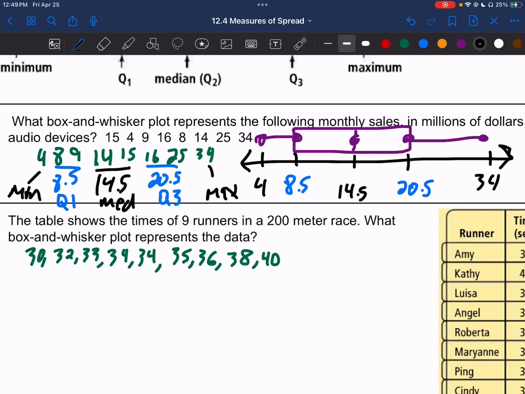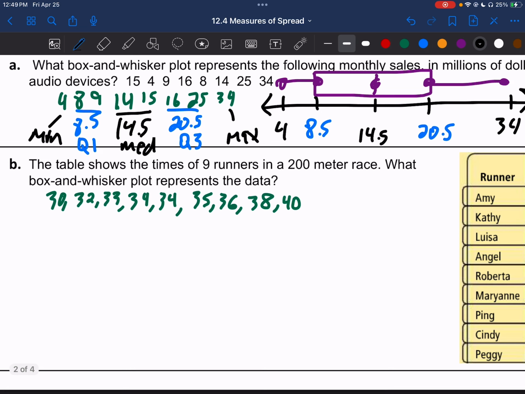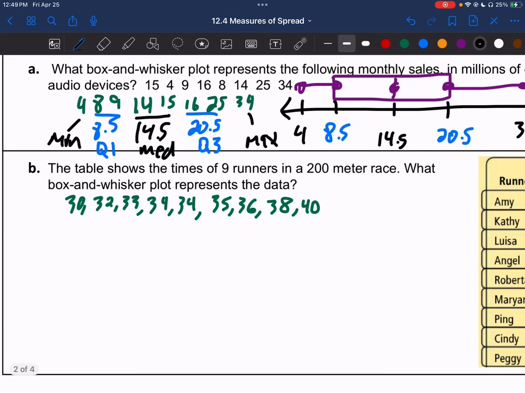All right. So down below, we've got 9 runners in the 200, and we want to make a box and whisker plot that represents the data.